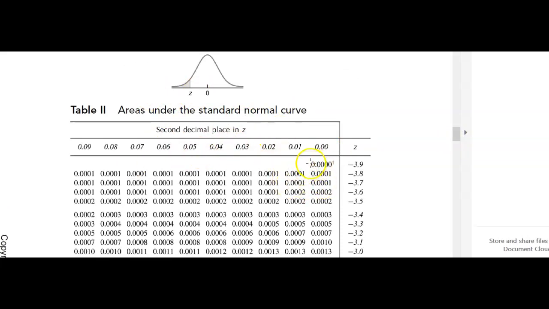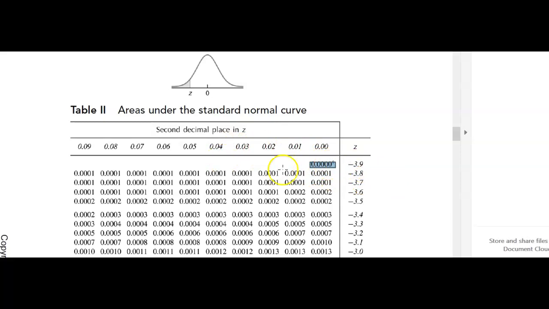Now this value here, you see it says 0 here? What does this mean? It means, first of all, it has a z-score, right? Z-score, and the z-score is negative 3.90, right? Look, negative 3.9, and then the last digit is the last digit that you see here, right? You can imagine the zero, it's like 3.90, right? So take this number that you have here and add the last digit that you see in this number here to it, and that's the z-score.